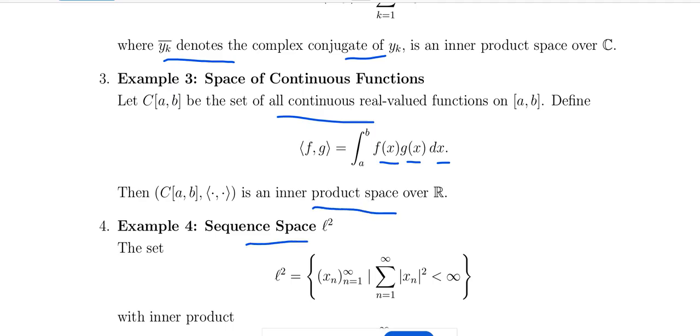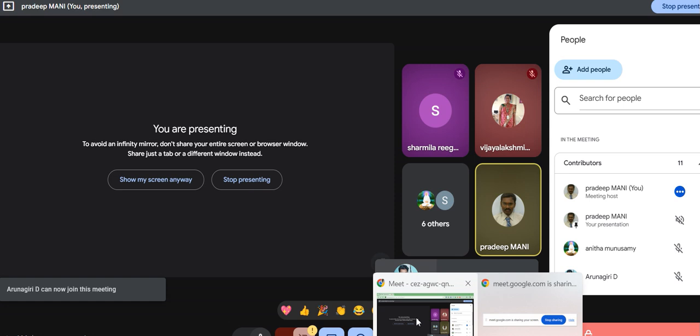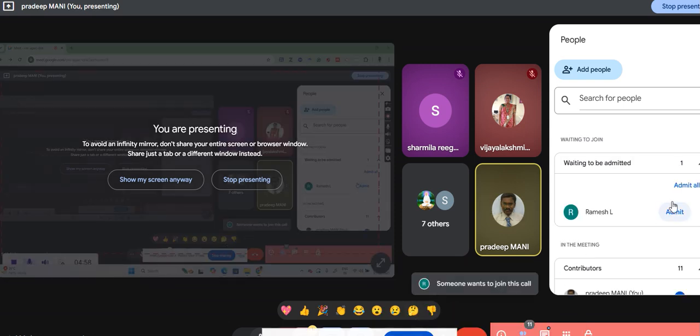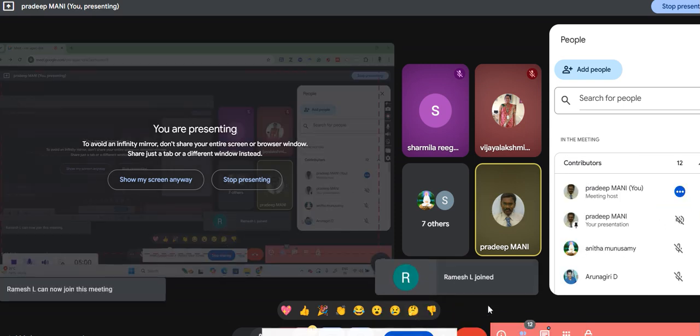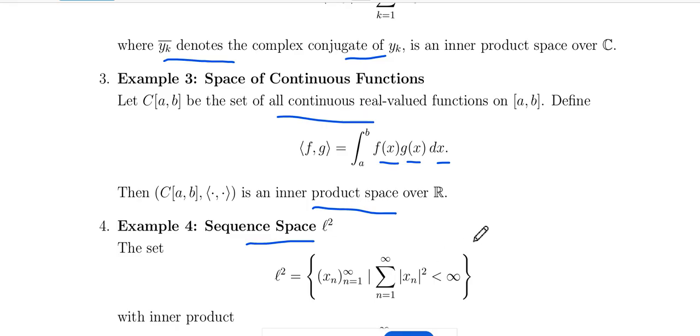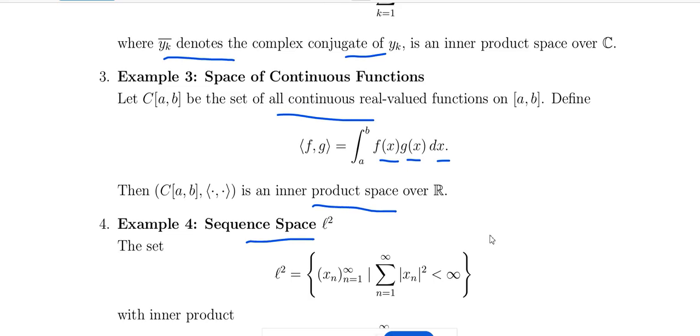And the sequence space L2. The L2 space is defined as the collection of sequences with the condition that the summation of mod of xn square is less than infinity, with the inner product.